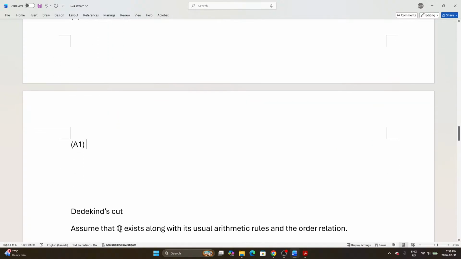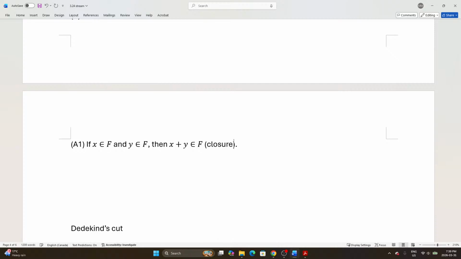A1 says addition is closed, which is what we just proved. If x is in F and y is in F, then you can always add them and get a new element. x plus y is in F. This is the closure property. So we proved that. Great.